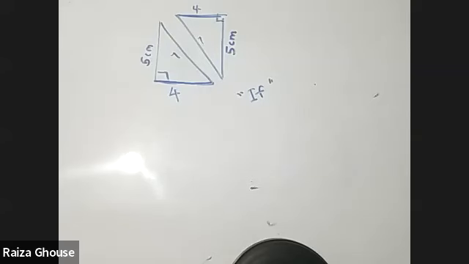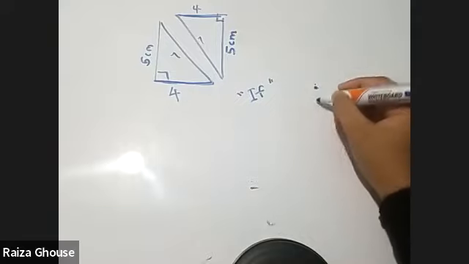Listen once and write. You are grade 10s, okay? If two triangles are congruent, the corresponding, and put this mark, what do you call this?